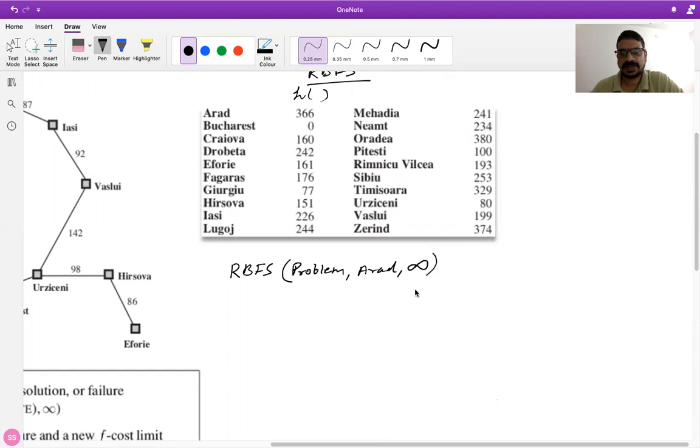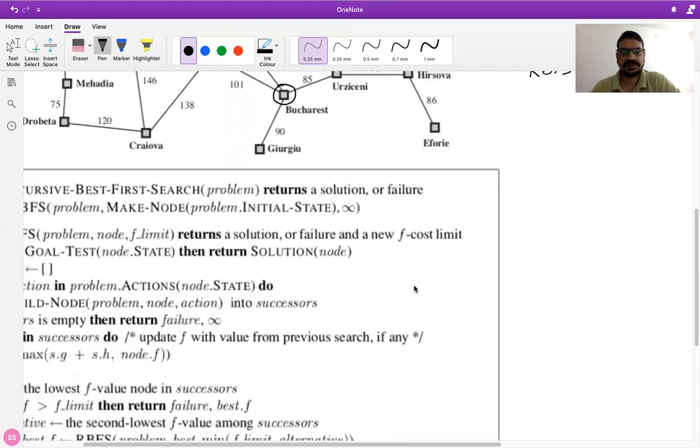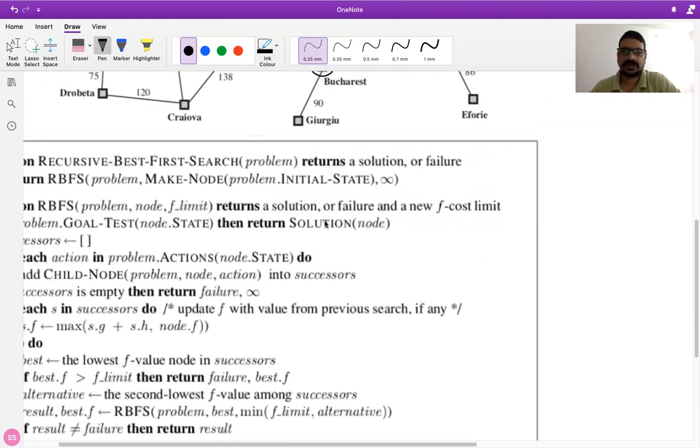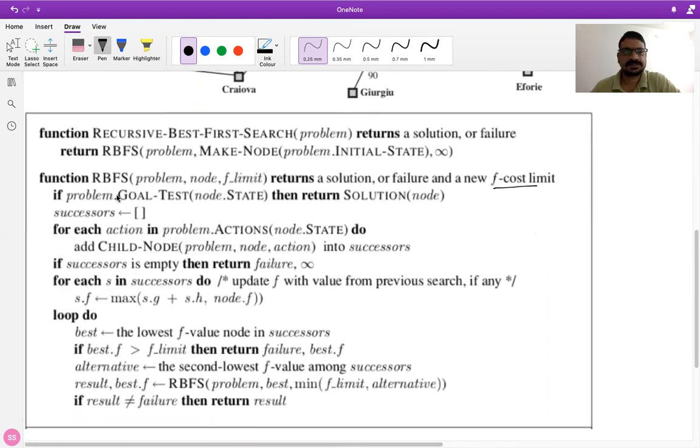Now that we have done that, what is it going to return? It is going to return a solution. If it is not returning a solution, it is going to return failure, and failure with F cost limit. We'll talk about this F cost limit. F limit we know, but what F cost limit is, we'll discuss.